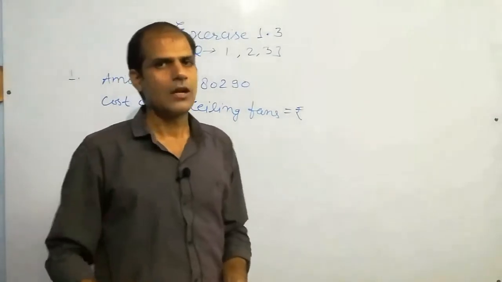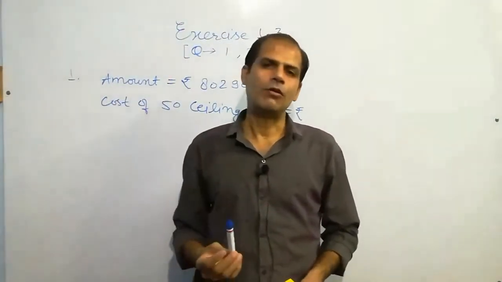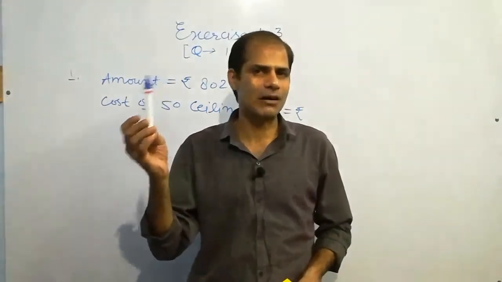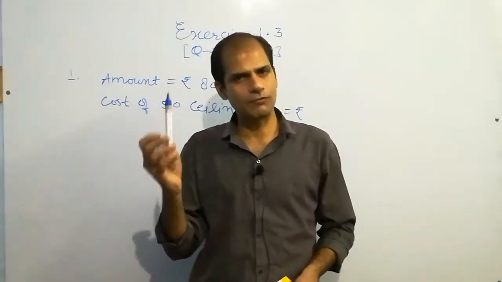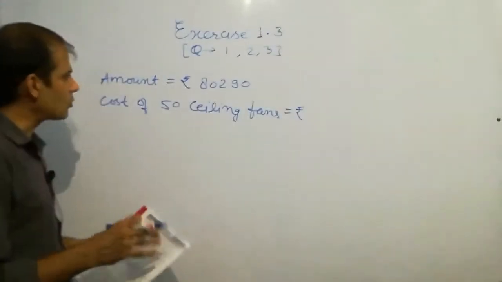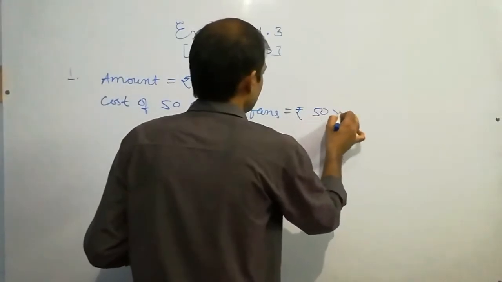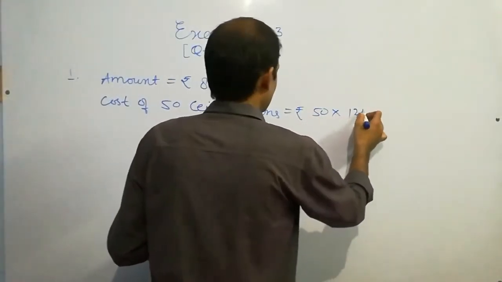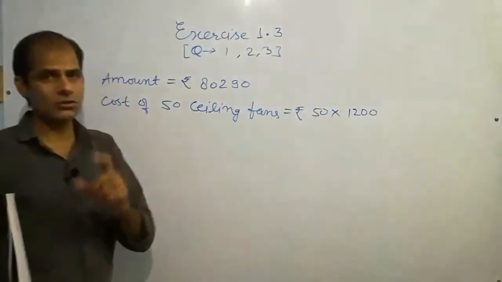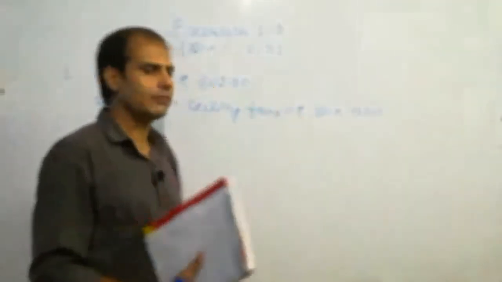Suppose if the cost of a marker is rupees 20, what will be the cost of 5 such markers? It is 20 into 5. We will multiply. So cost of 50 fans is rupees 50 into 1200, because cost of one fan is 1200, so multiply by 50.